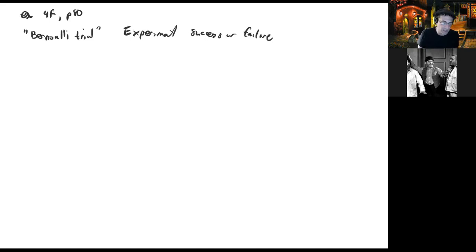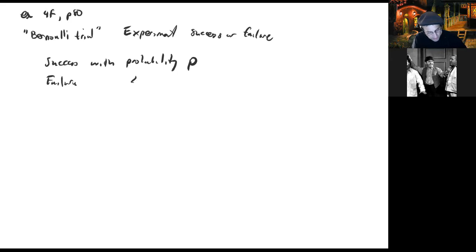Heads we'll call success, and tails will be failure. And success has probability P each time you perform it. So this is not necessarily a fair coin. P could be something other than a half. And then failure has probability 1 minus P.